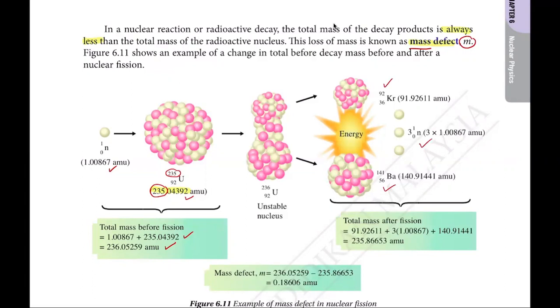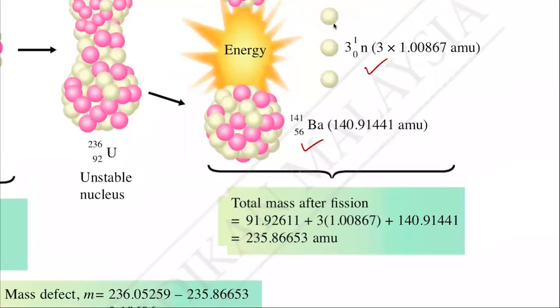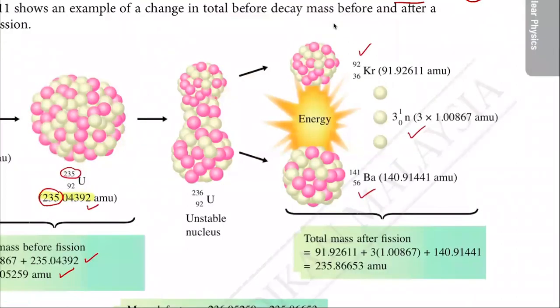All of those numbers you have to add to get the total mass after fission. Everything must be added, so it should be equal to this one.